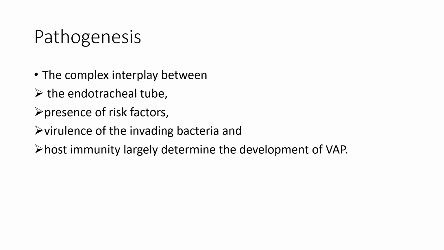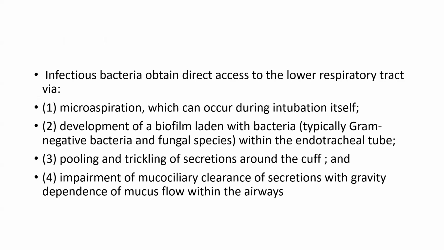Because of this endotracheal tube, there is a loss of cuff reflex and glottic reflex, which causes accumulation of secretions, and these secretions lead to microaspiration, reaching the lower respiratory tract. Because of this, the infectious bacteria obtain direct access to the lower respiratory tract via microaspiration.